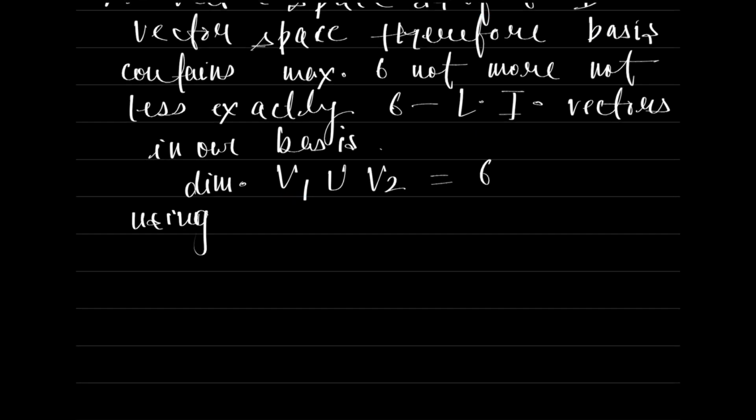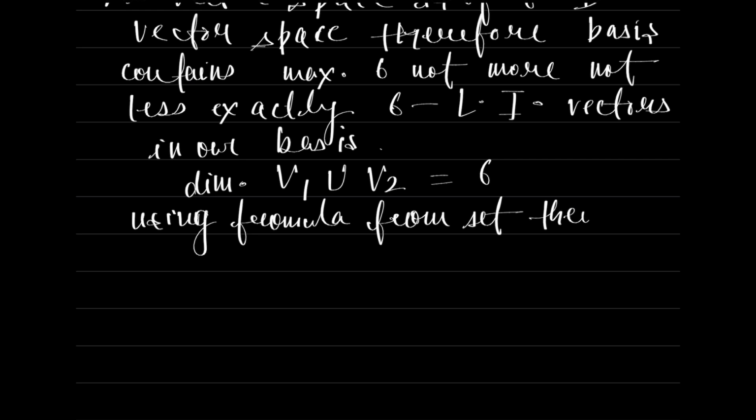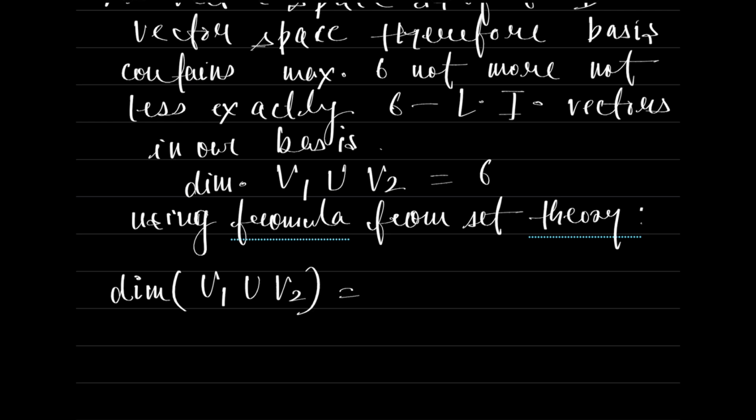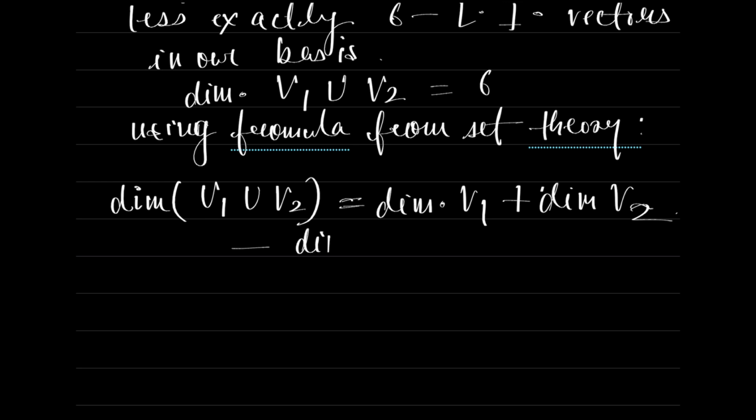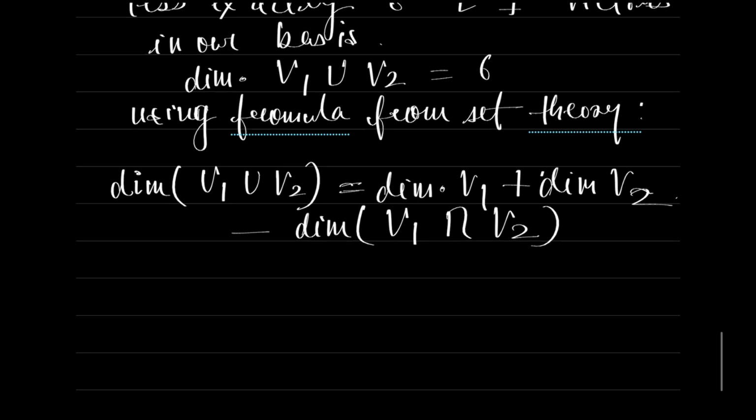Using the formula from set theory, the dimension of V1 union V2 will be equal to the dimension of V1 plus the dimension of V2 minus the dimension of V1 intersection V2.